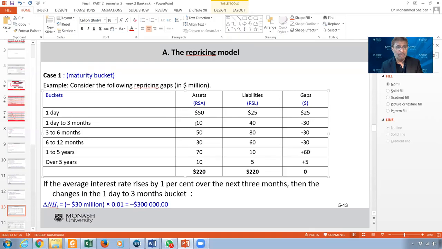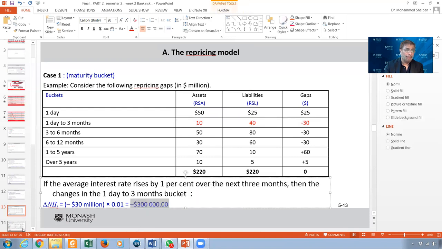If you look at this horizon, this is coming from what we call refinancing risk. According to the repricing model, you just calculate it. So if the average interest rate rises by 1% over the next 3 months, then the change in 1 day to 3 months is minus 30 times 0.01, which is minus 300,000. This is the change in the net interest income.